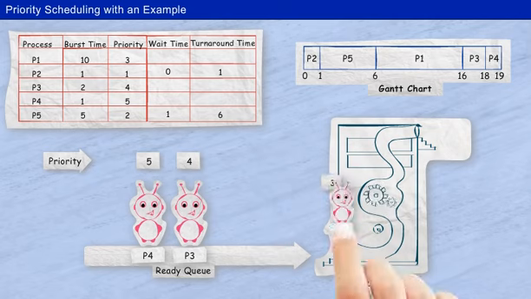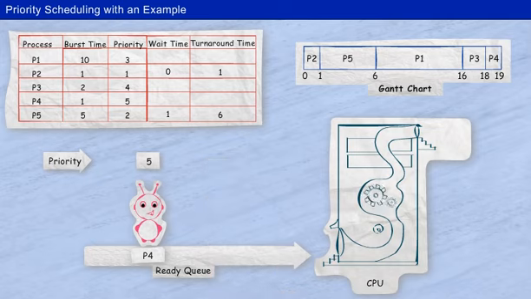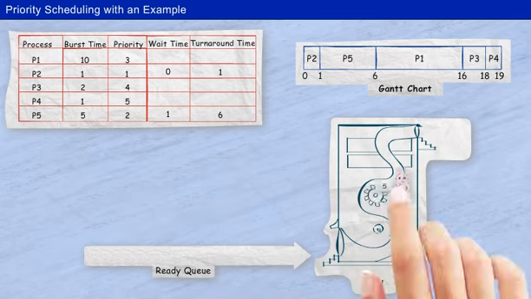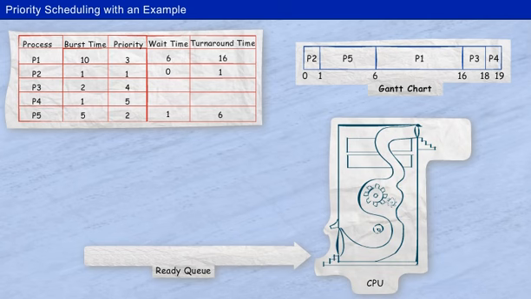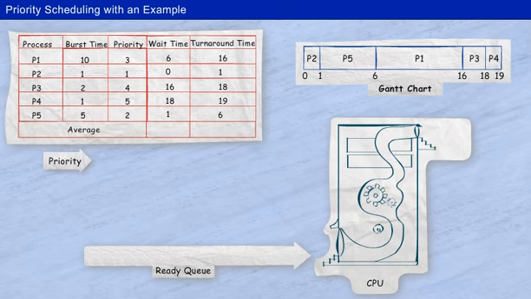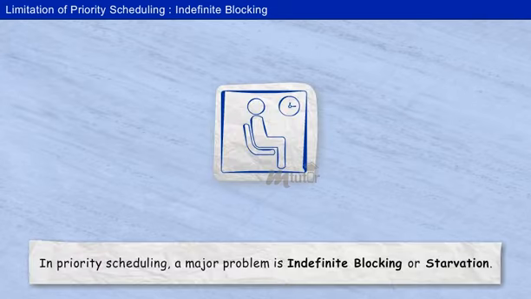Similarly, the other processes are allocated to the CPU based on the priority, that is, in the order P1, P3 and P4. Thus, the average waiting time and average turnaround time for the given set of processes are 8.2 and 12 milliseconds respectively.